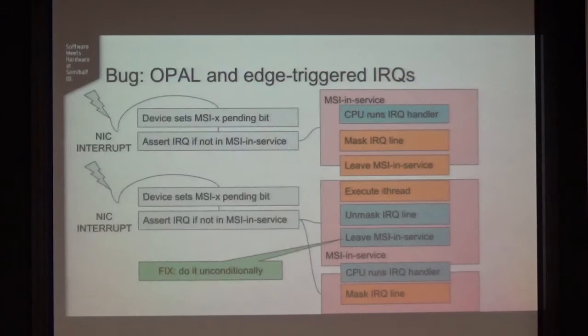And when the controller leaves this mode, it sees, oh, I have a pending bit set, no one serves this interrupt. So the controller sends the edge triggered interrupt once again, and then the CPU is able to handle it because the IRQ line is unmasked.